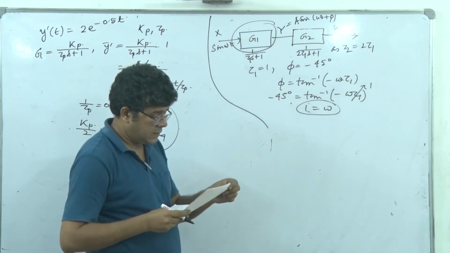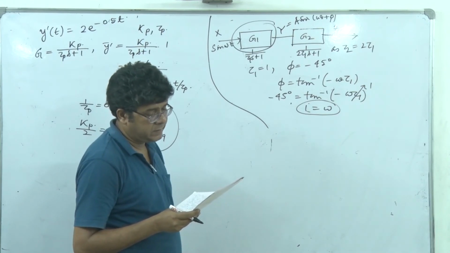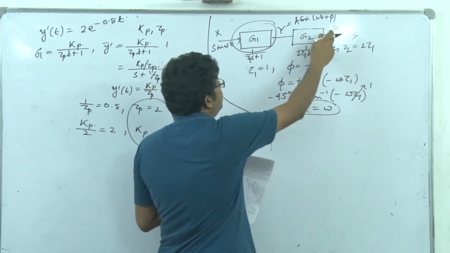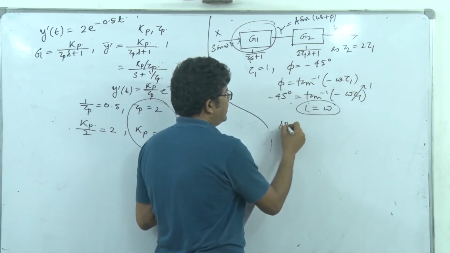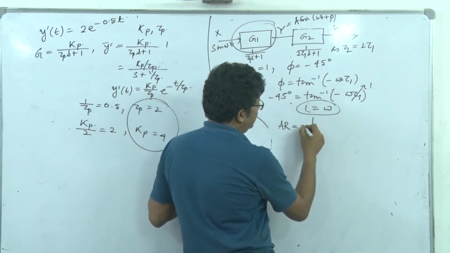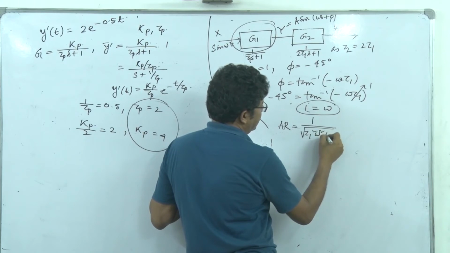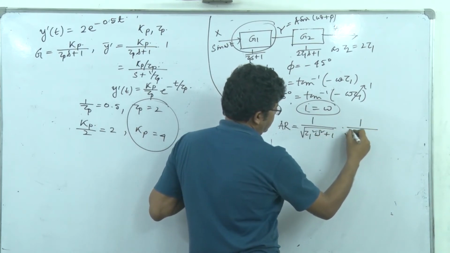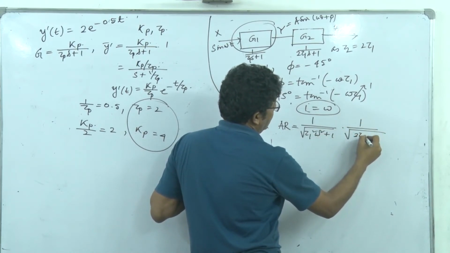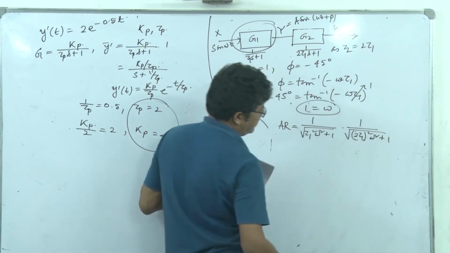Next, for the same input, the amplitude of the output Z will be? The amplitude ratio is 1 divided by root of tau 1 square omega square plus 1, into 1 divided by root of 2 tau 1 whole square omega square plus 1.